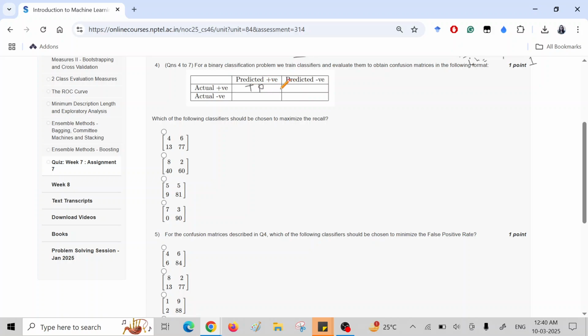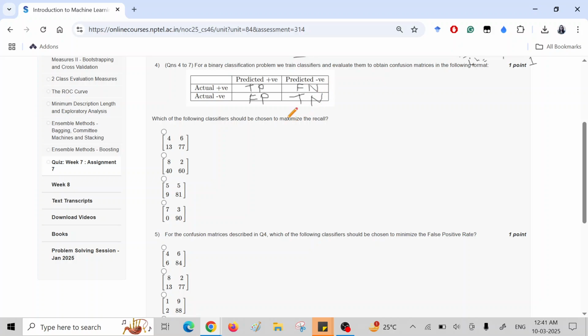An actual positive value predicted as negative by the machine learning model is called false negative. An actual negative value predicted as positive by the model is known as false positive. And an actual negative value predicted as negative is known as true negative.